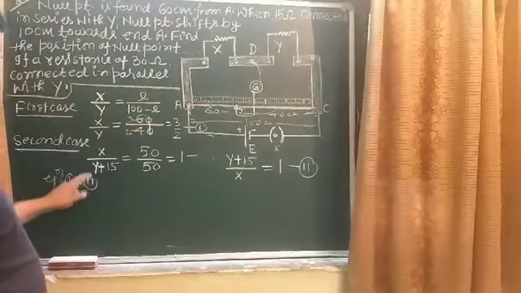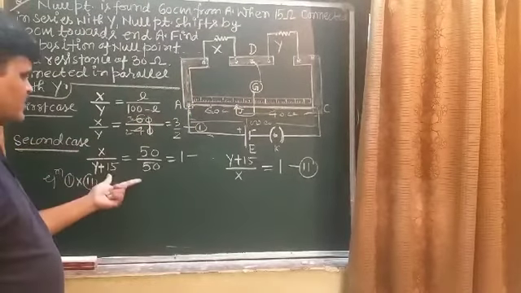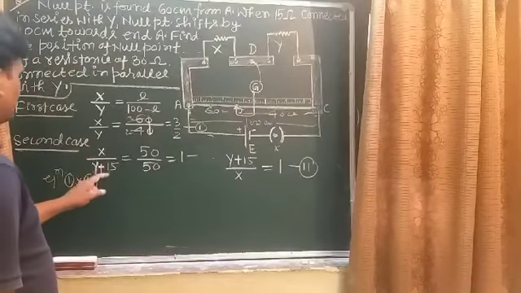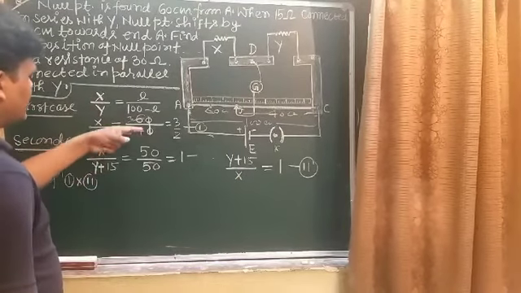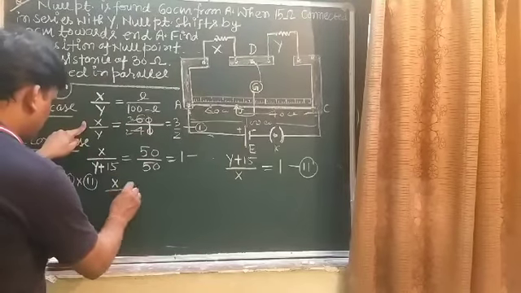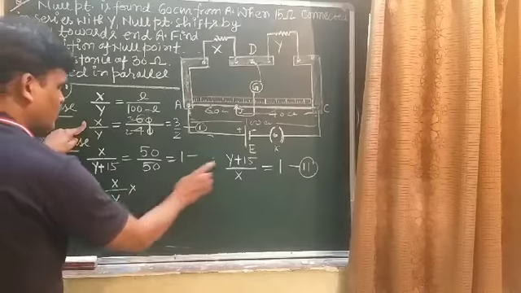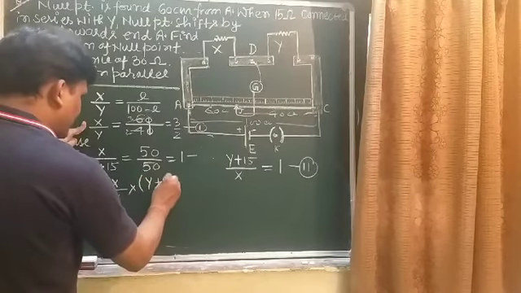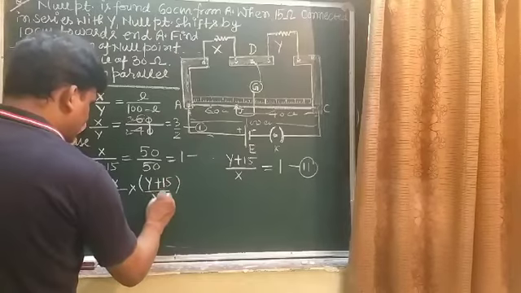Multiply equation 1 and 2. If I reciprocal this, there will be no effect on the right hand side. So multiply equation 1 and equation 2. So that is x by y into y plus 15 by x.